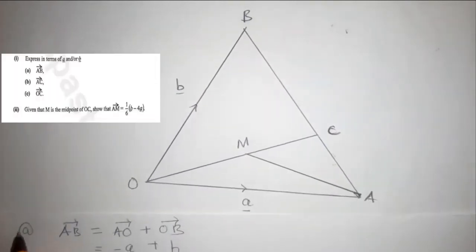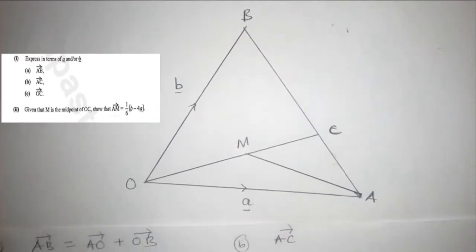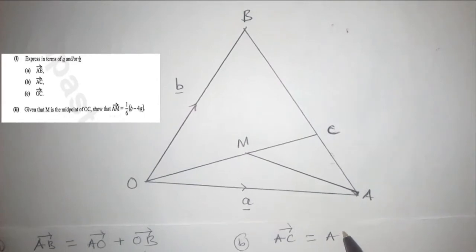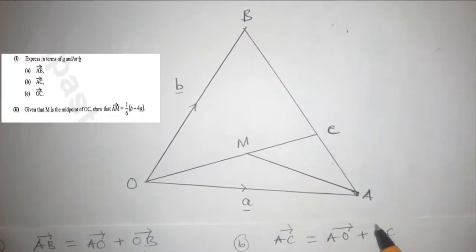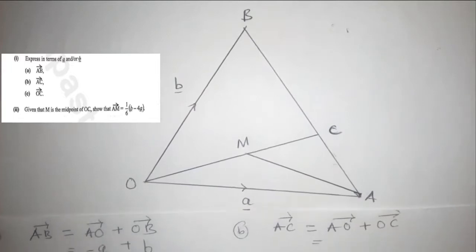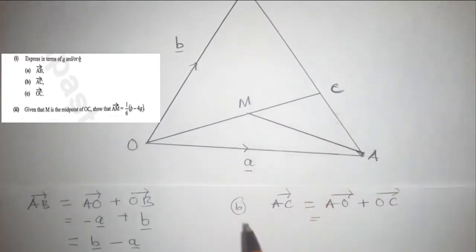We go to B. They want us to express AC. So AC is equal to AO plus vector OC. What is our AO?